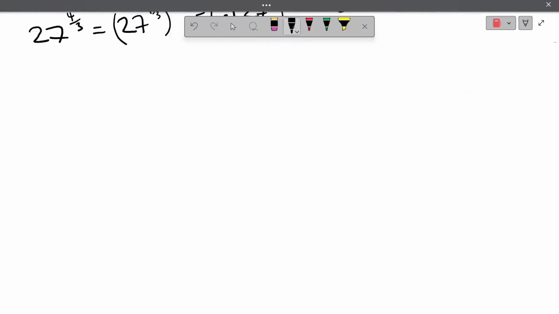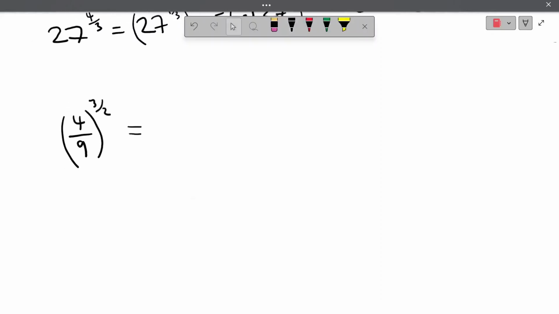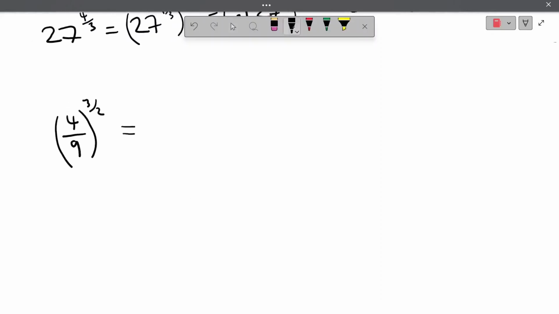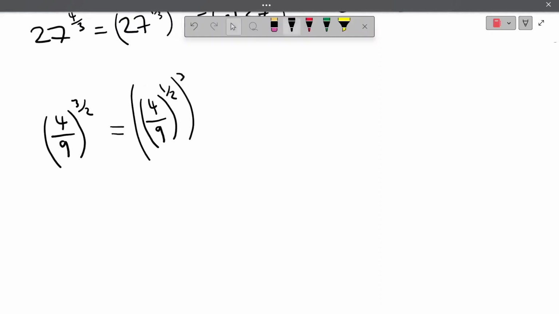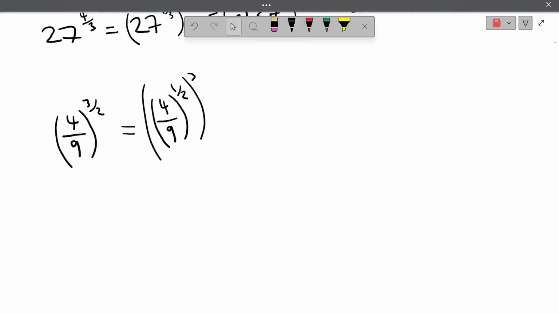So what happens if we have fractions? So let's go for something like 4/9 to the power of 3/2. Well, that is the same as 4/9 to the power of a half, cubed, which is a slightly quirky way of writing it with all those brackets.